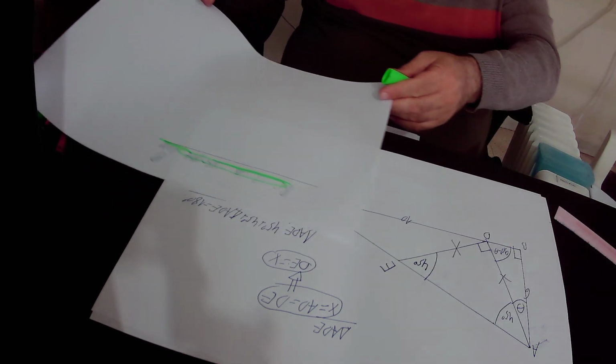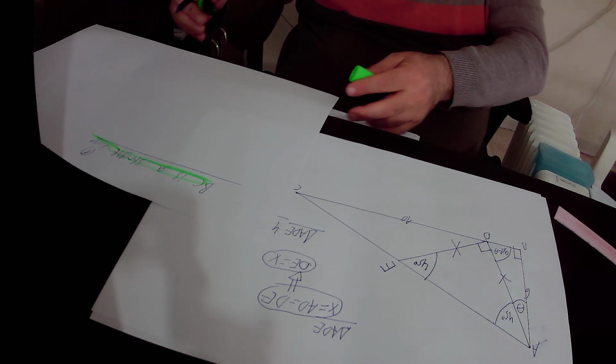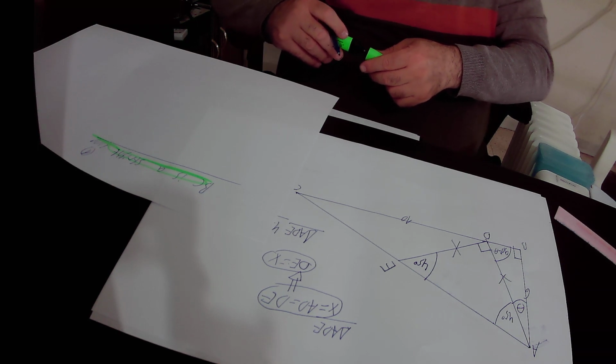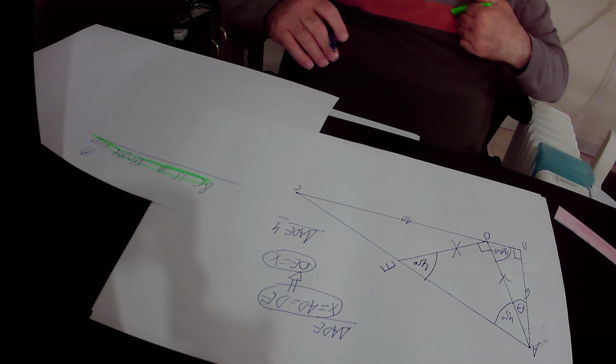Okay, so we know that BC is a straight line. And we have a rule that says that the sum of the angles on one side of a straight line is equal to 180 degrees.